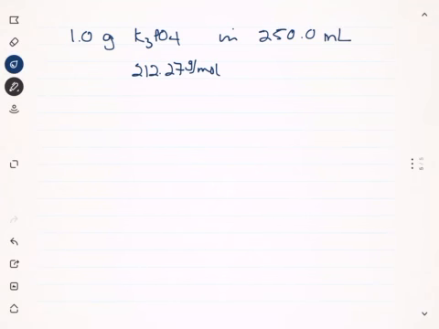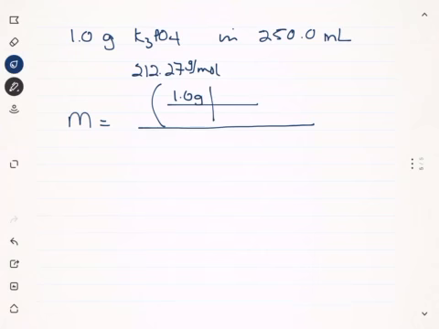So again, molarity is going to equal moles. My moles, I'm going to do my conversion right here: 1.0 grams and 212.27 grams per mole. And then my volume in liters right here.